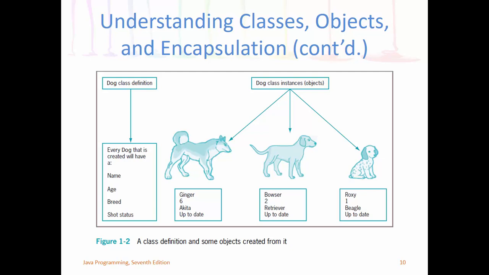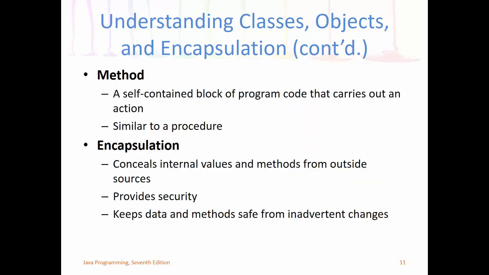One of them is run, right? So things that can be done, or actions that we can take, things that we might call functions in other languages or subroutines in other languages, here we call methods. So the dog has a method, and that method might be called run, or stay, or sit, or roll over.